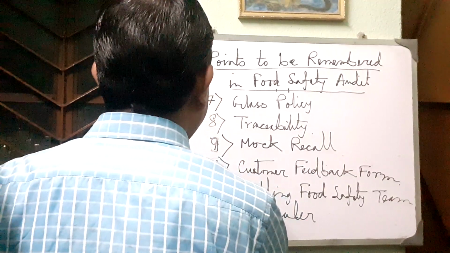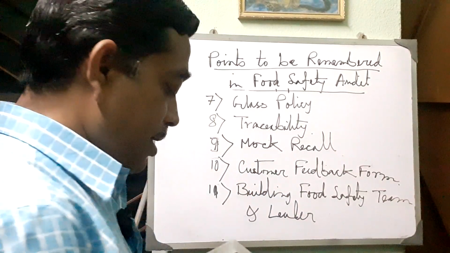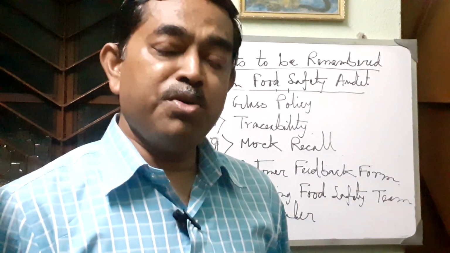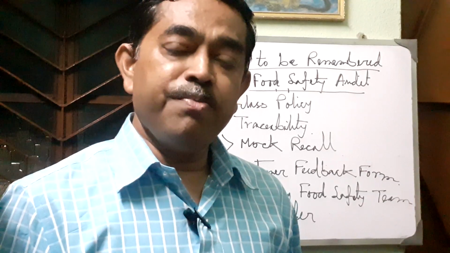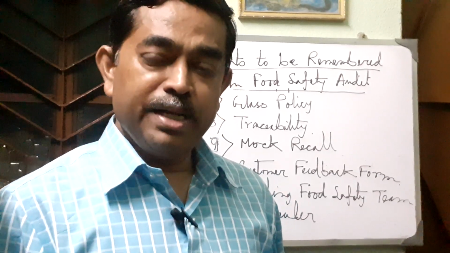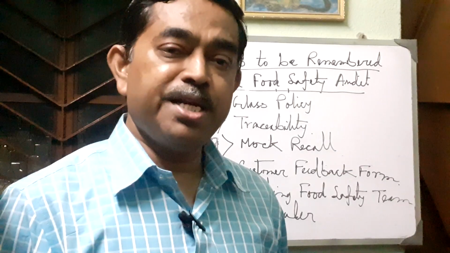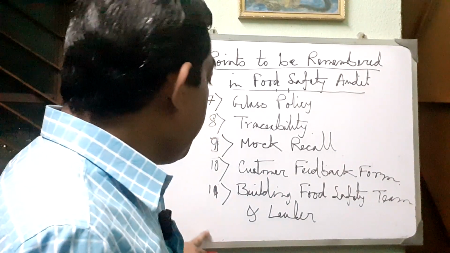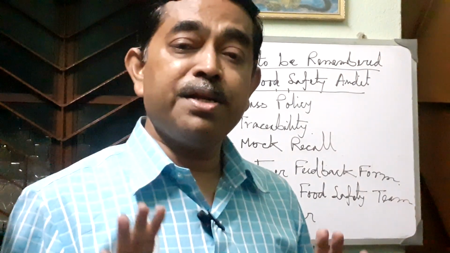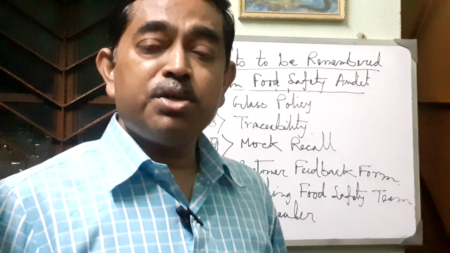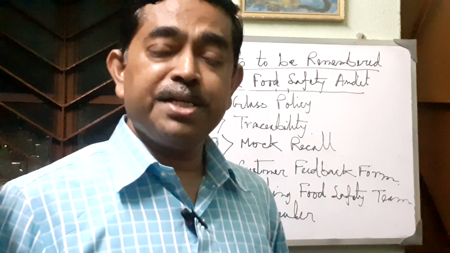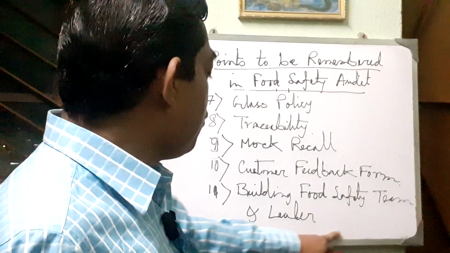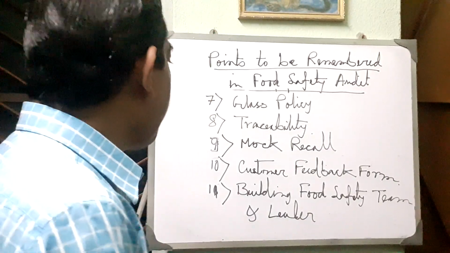It is very necessary. On paper, you have to form your food safety team. The head of the organization will decide who will be the food safety leader, and you have to keep it on paper, so that when external auditors ask for it, you can produce it immediately. So this is building a food safety team and leader, the 11th point.